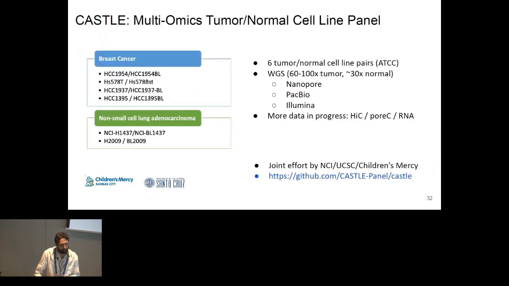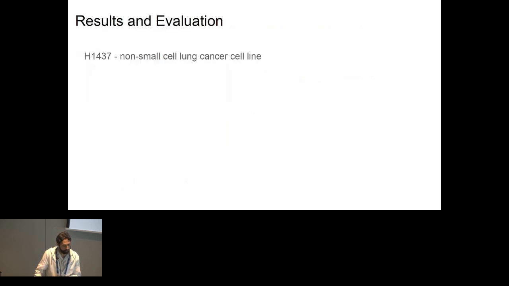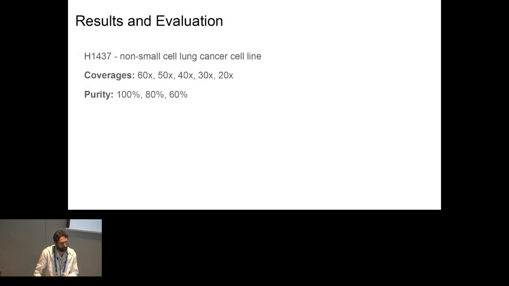For the results, we have sequenced a panel with different cell lines. From that panel, I just selected one cell line, H1437. Here we have different coverage levels.